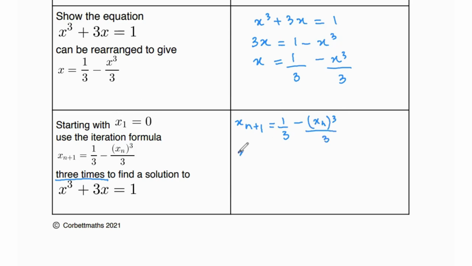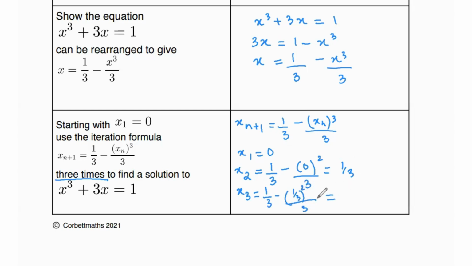We're going to start with x1 equals 0. So x2 is going to be 1 over 3 minus 0 cubed over 3, which is basically 1 over 3. Then you find x3, which is 1 over 3 minus (1 over 3) cubed over 3, and that is going to give us 0.32099.